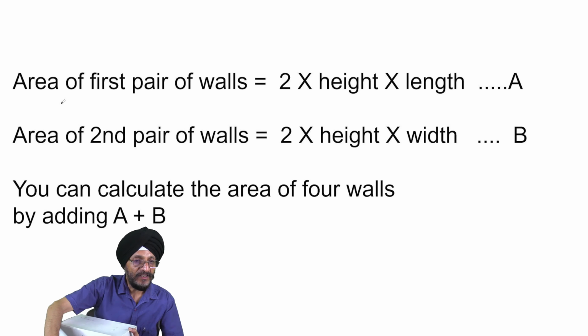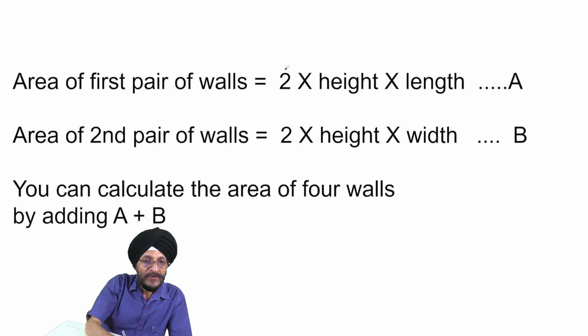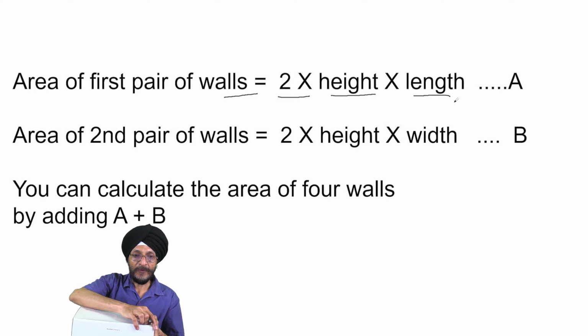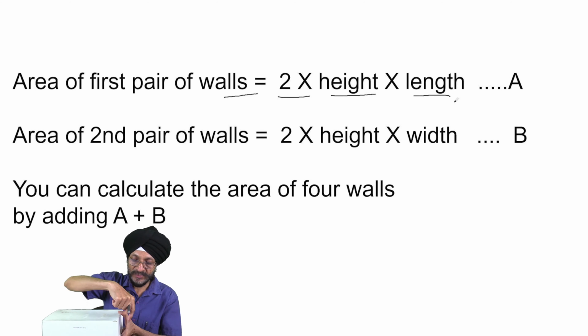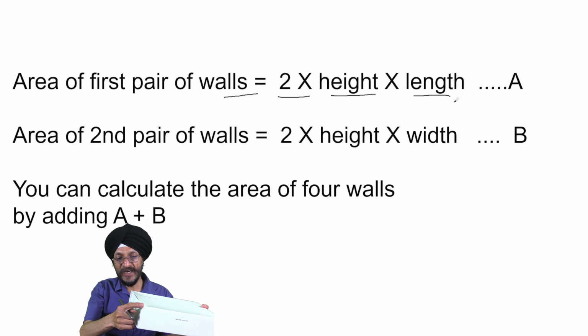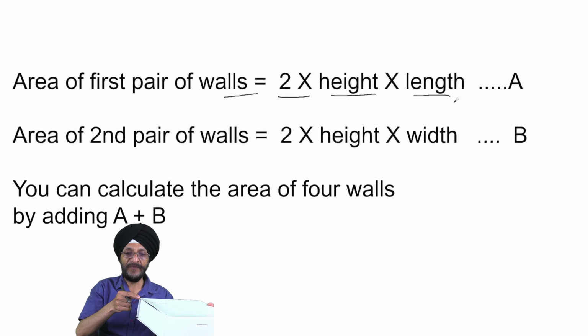You can see here that the area of the first pair of walls is 2 times height multiplied by length. This is the height and this is the length. Now the second pair of walls: here you can see that this is the height and this is the width.